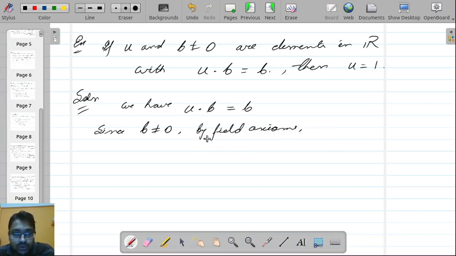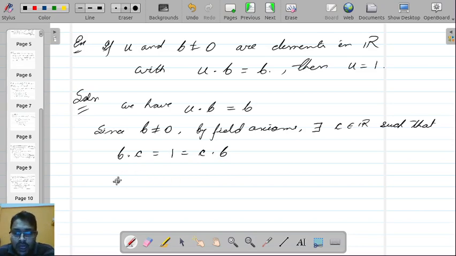So there exists an element c inside R such that b dot c is equal to 1 equal to c dot b.